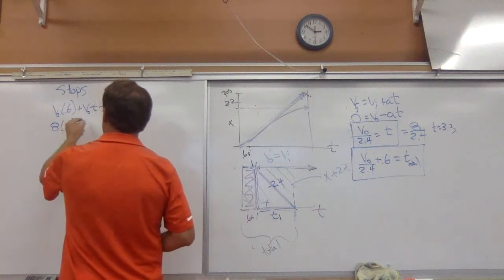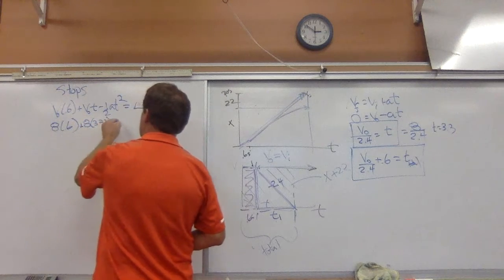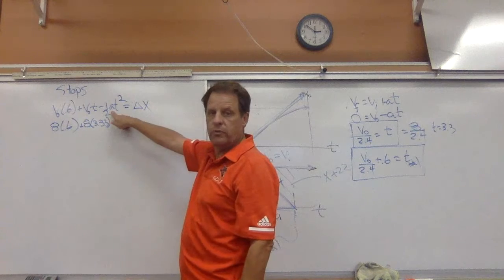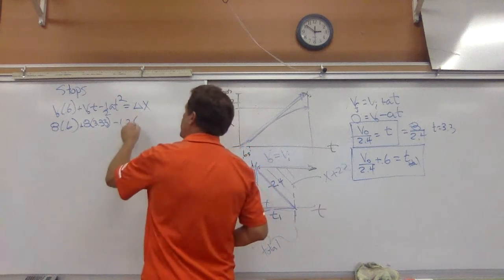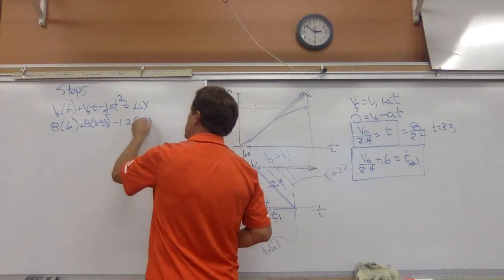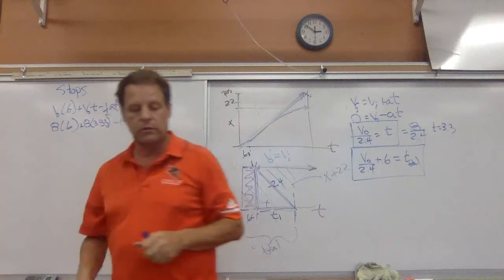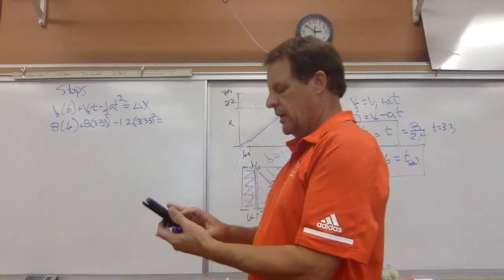So we're going to put in plus 8 times 3.33 minus 1.2. Now remember, our acceleration was 2.4. We're going to divide that in 2, and we get 1.2. And we're going to have 3.33 squared, and that should be the distance we travel in coming to a stop.